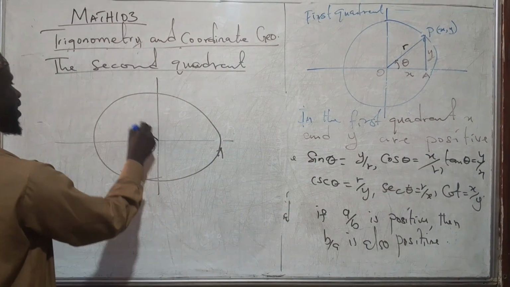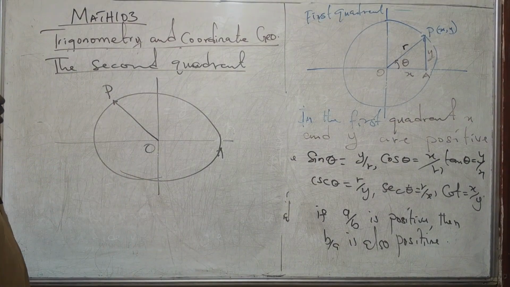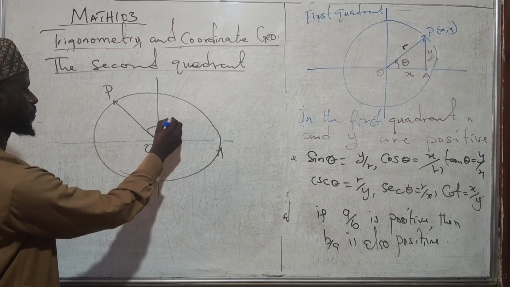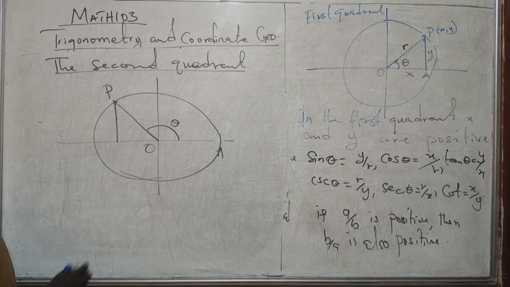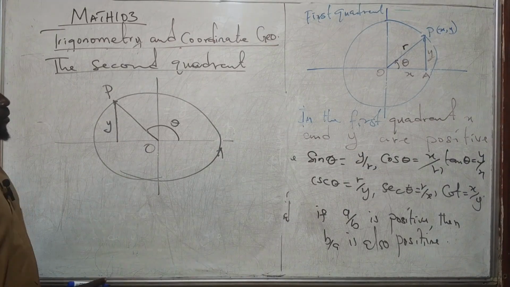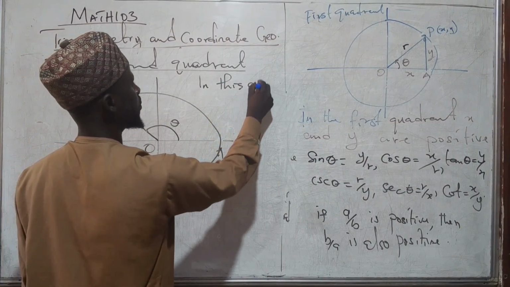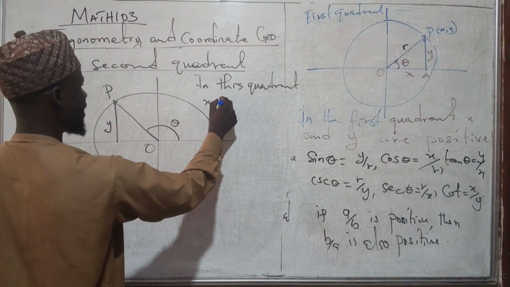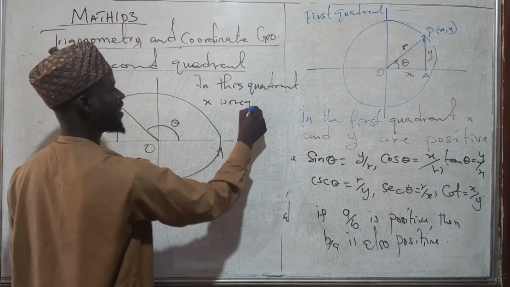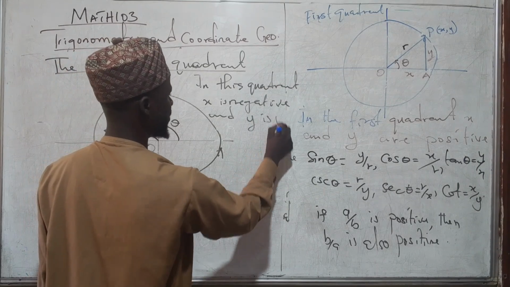Theta is in the second quadrant, and therefore the point P will be here in the second quadrant, and here is theta. Here y is positive, but x is negative. So in this quadrant, x is negative and y is positive.